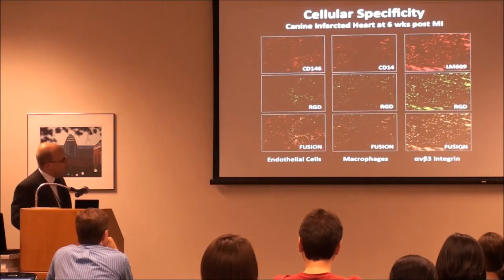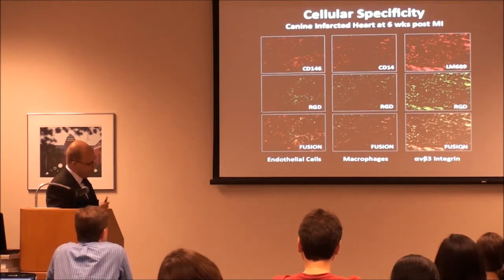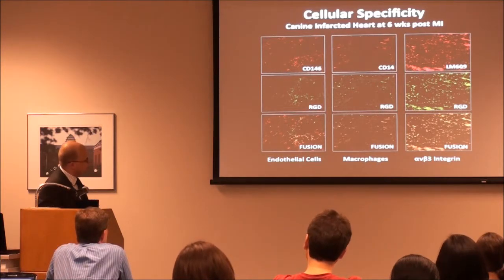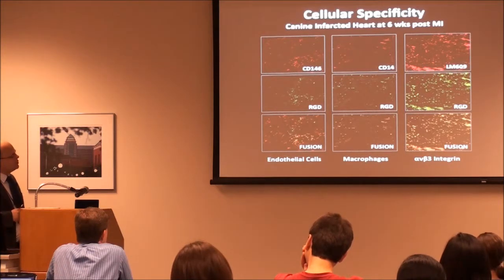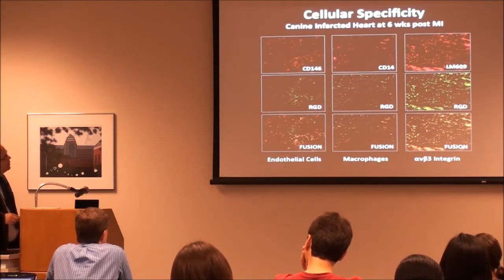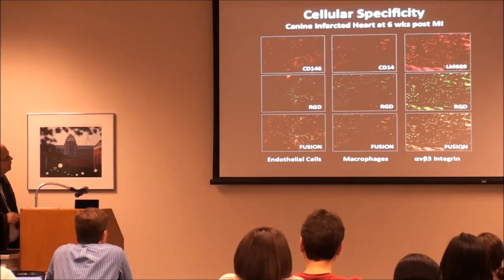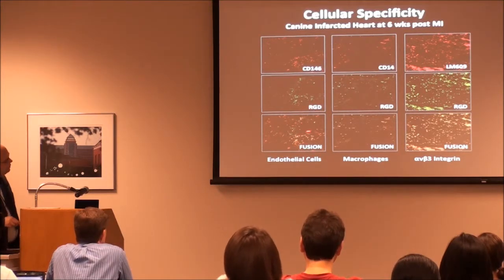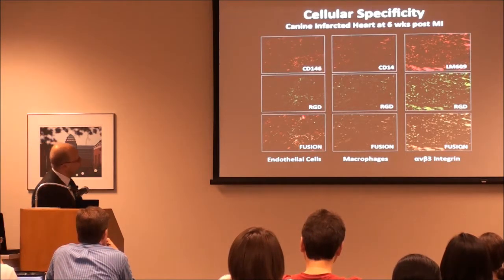And then we went to looking at cellular specificity. We would like to look whether the developed agent or probe binds to the cells that we would like to image, actually endothelial cells. In this case, we have the endothelial cell staining of the canine infarcted heart. Then we had the fluorescent analog of our radiotracer, and we saw fairly good fusion with the endothelial cells.